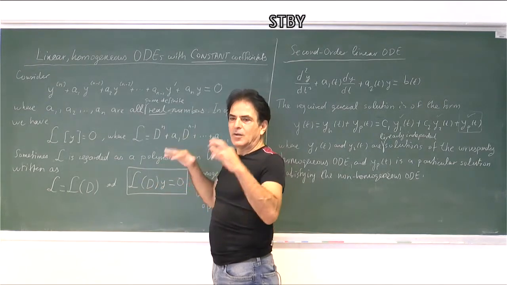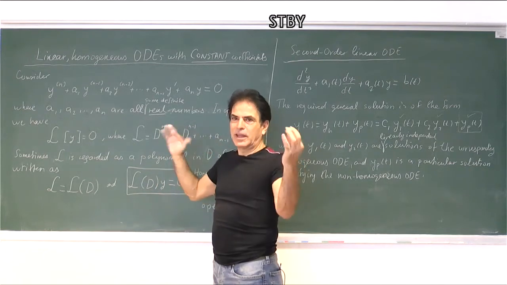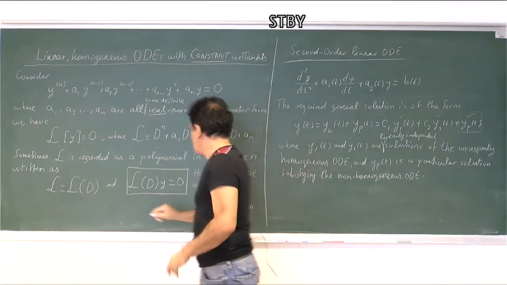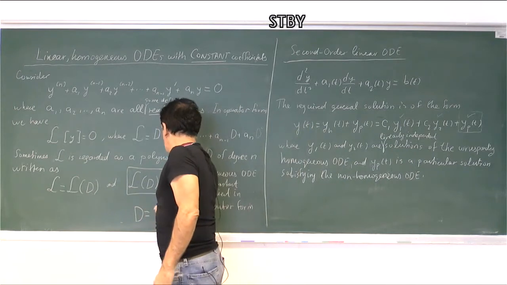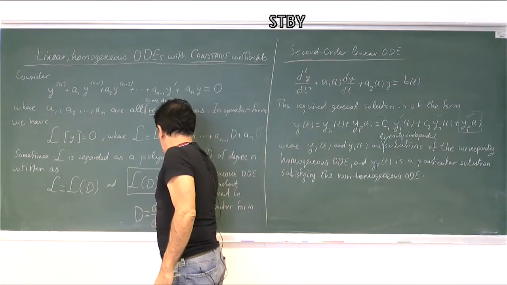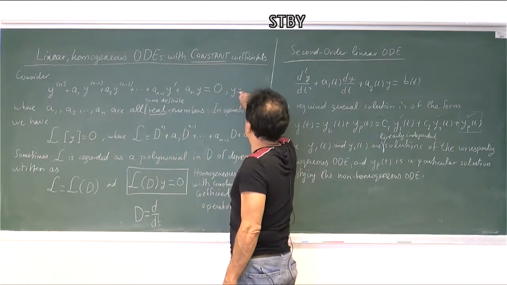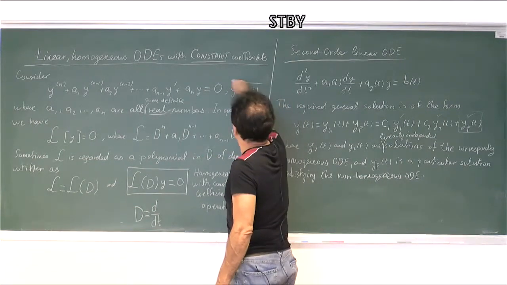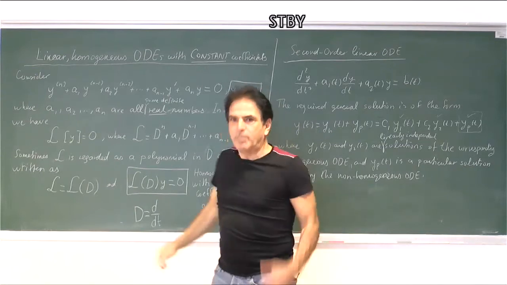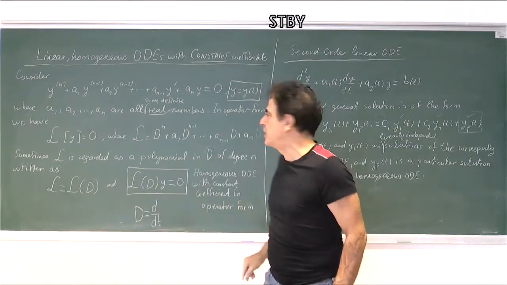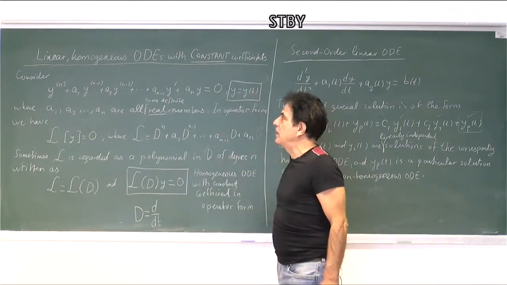L, which is formally a function of D. Do not forget D is the derivative operator with respect to the independent variable. And here in this equation, y, the required solution or the dependent variable, is some function of t, y of t.